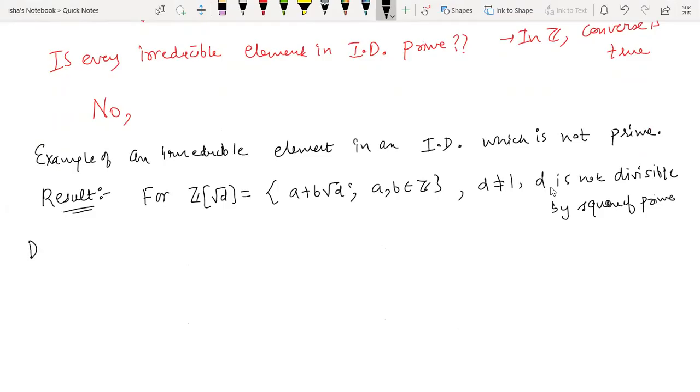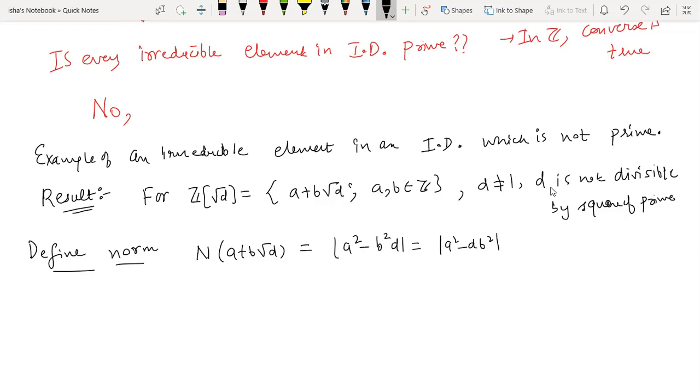So for that, we define a norm. This is denoted by N. So the norm of an element A plus B root D is defined as the modulus of A square minus D B square.